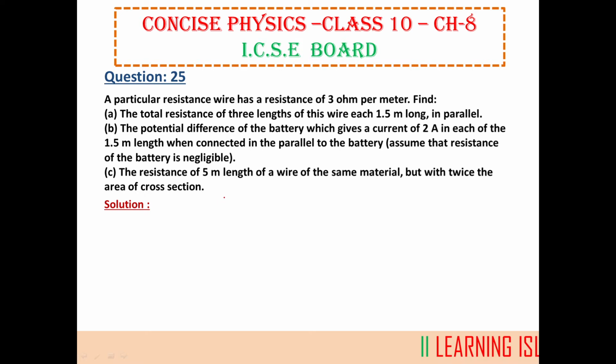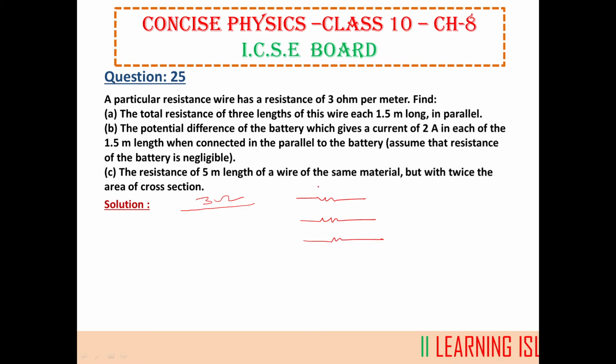So let us start. It is written that a particular resistance wire has a resistance of 3 ohm per meter. So if the wire length is 1 meter, then the resistance is 3 ohm. In part A, 3 wires of length 1.5 meter are connected in parallel. So let us draw 3 wires of 1.5 meter length.